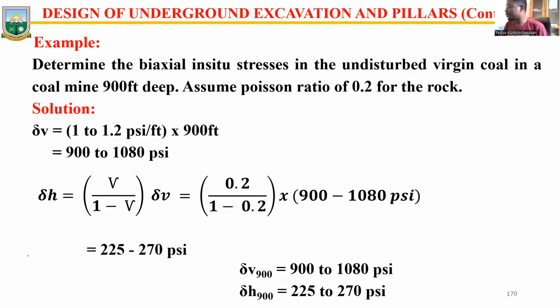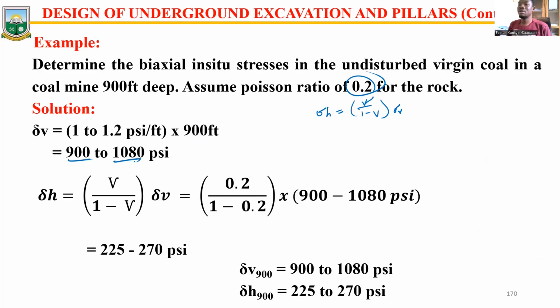So here too, again, you have sigma H is equal to V on 1 minus V, sigma V. So remember, this is your Poisson ratio. It was given as this.